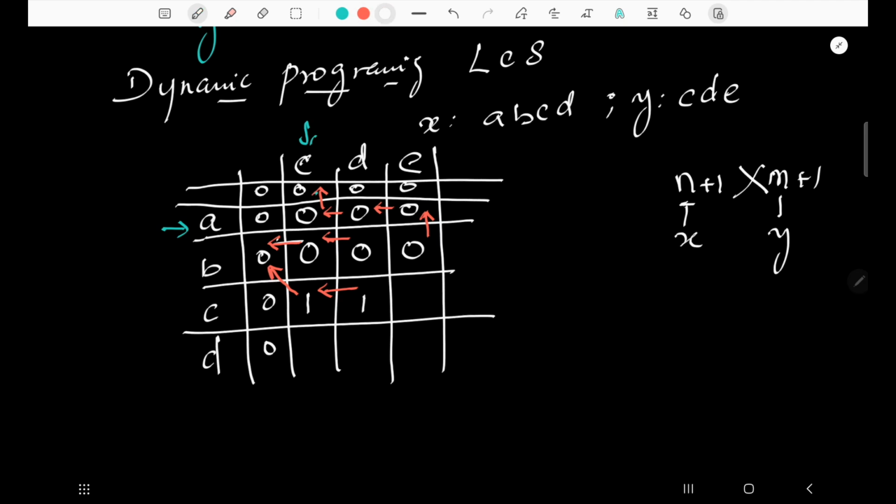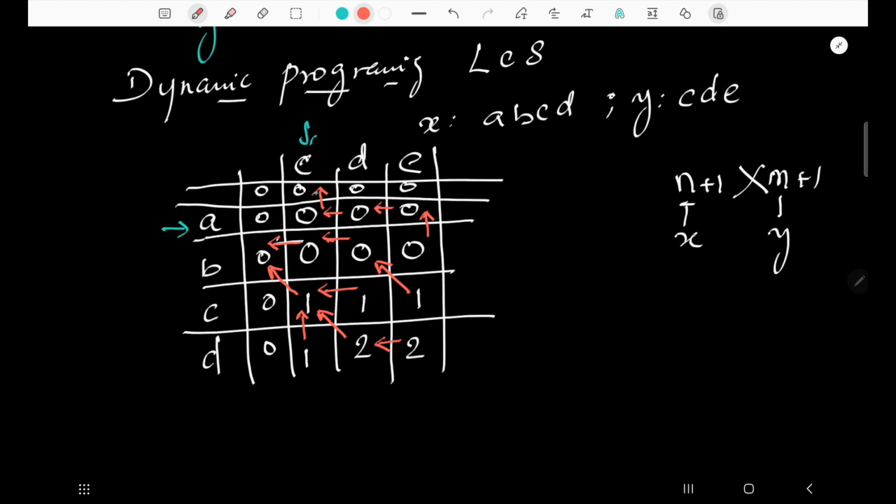And here C and E, hmm, D and C both are not the same, so I take the maximum, which is this 1. And D and D both are the same, so diagonal plus 1 is 2. And the last one, D and E are not the same, so I take the largest from the left.